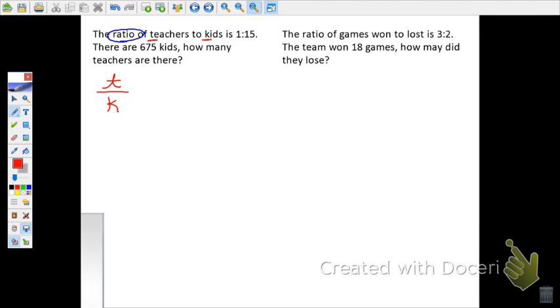So teachers has to go in the numerator, kids in the denominator. The ratio they give me is 1 to 15. So for every one teacher, there are 15 students. One teacher, 15 students, or 15 kids.